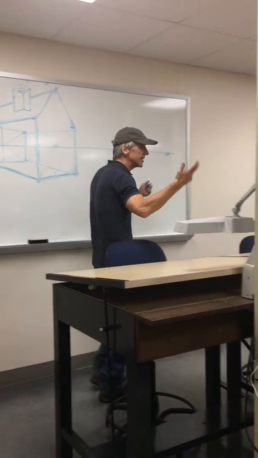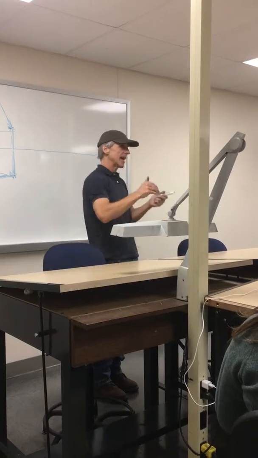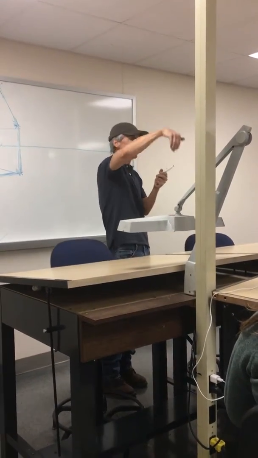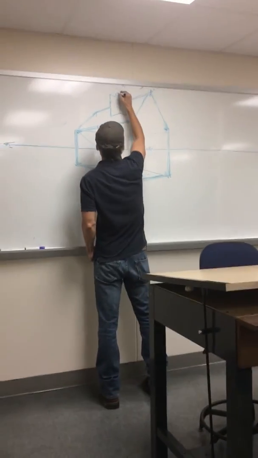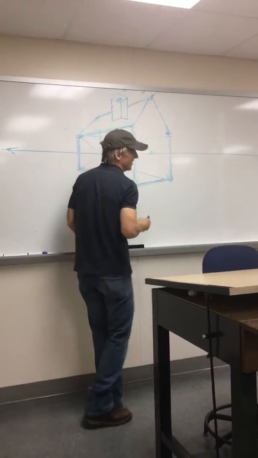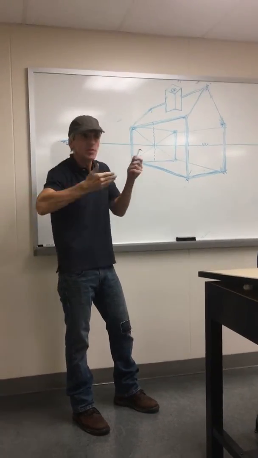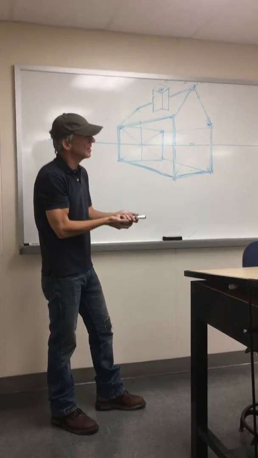If I was just drawing this thing like I knew it, I would show that. Naive artists do that sort of stuff, right? They're going to draw things like they know. I could see down in that chimney. I could even draw the fire that's happening down inside the house. I'm half joking, but this is where we get in trouble as artists. We're not abiding by a system that's going to give us consistency.